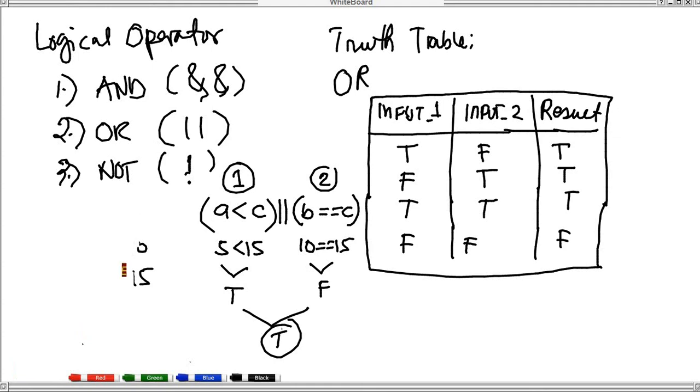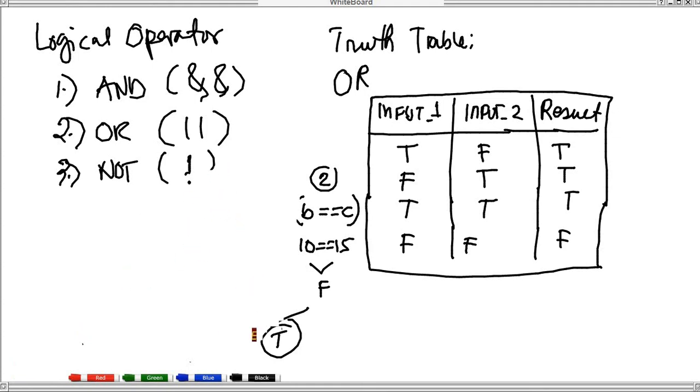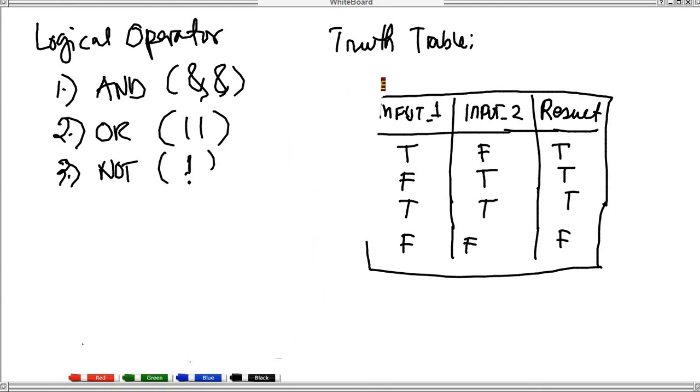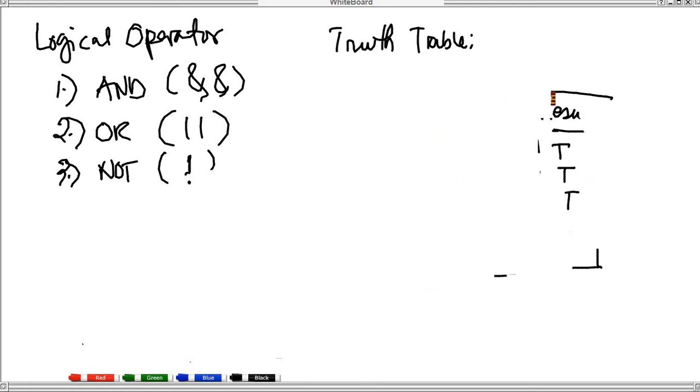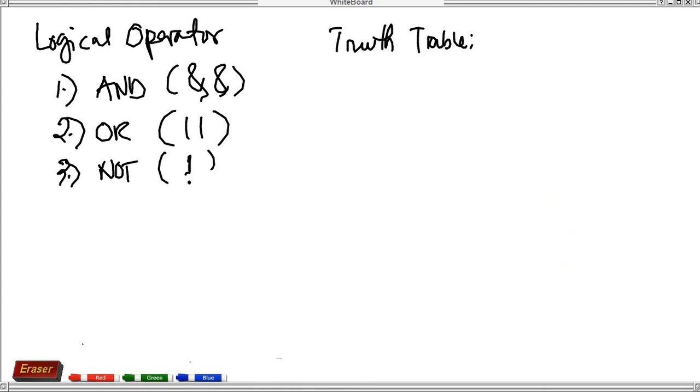OR symbol. Now, the last one is the what? The NOT. Okay? For the NOT, there is only one input and one output. Okay, let's have this one. So, for the NOT, we call this one a logic inverter.